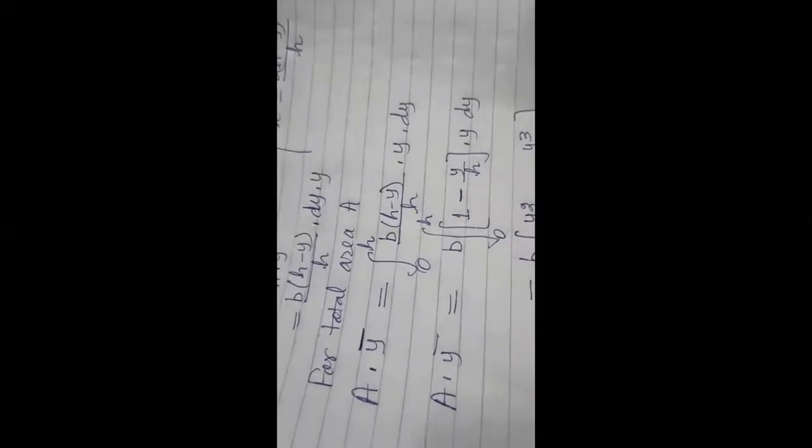Or this will be equal to b, y goes inside and after integrating, y square by 2 minus y cube, because this becomes y square, so y cube by 3h, and limit is 0 to h.